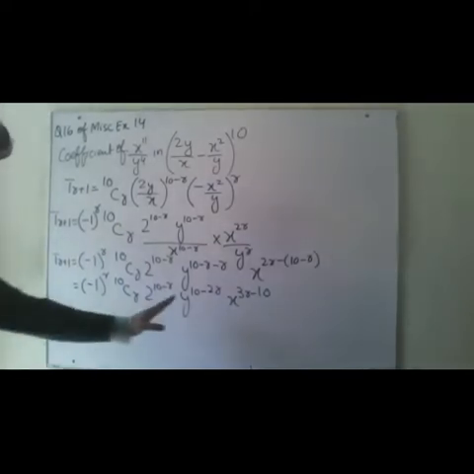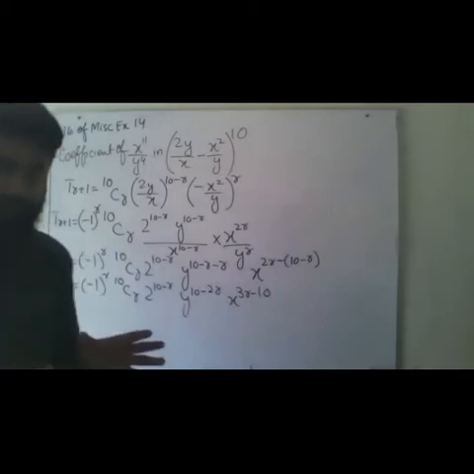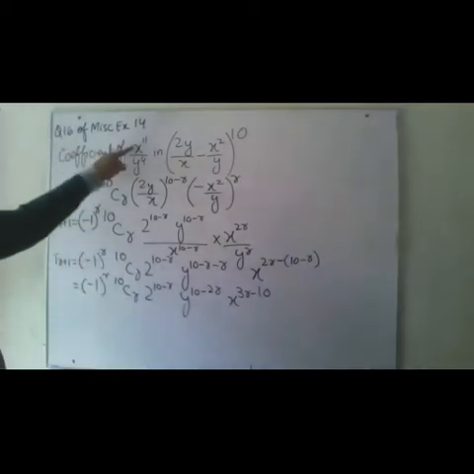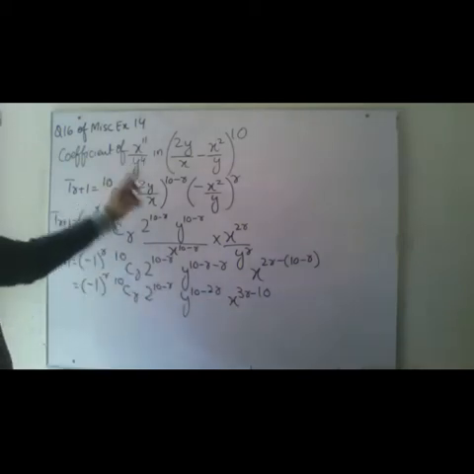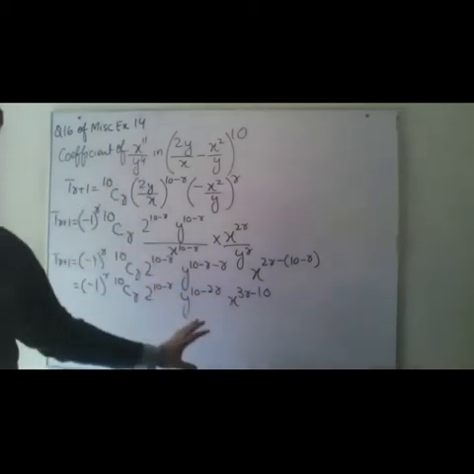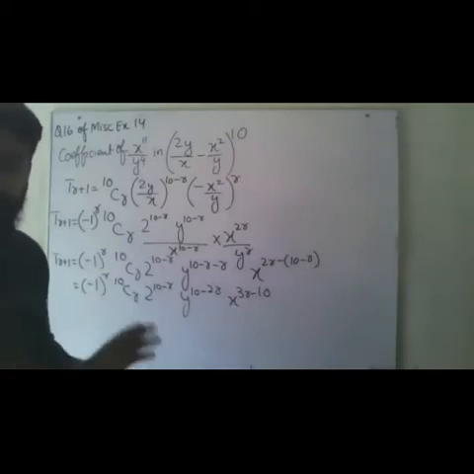Now I can't do anything further over here. So now it's your choice: either you can compare the powers of x to get the value of r, or you can compare the powers of y to get the value of r. In both cases, the value of r will be the same. I will solve with both.